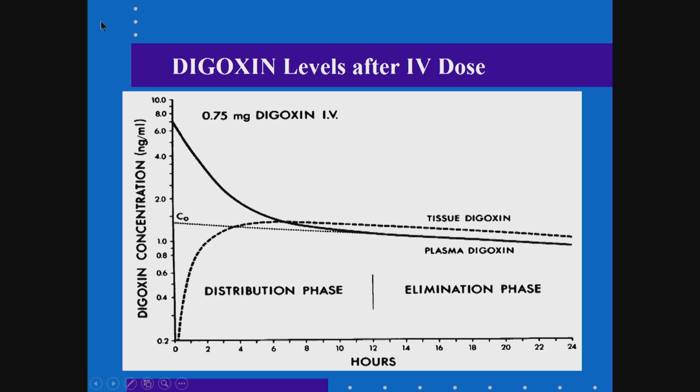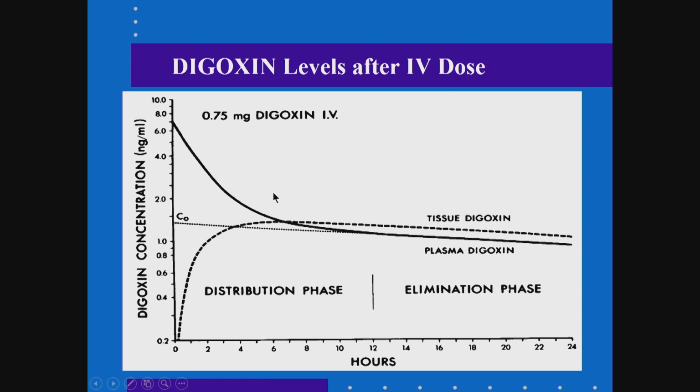Here we're plotting the concentrations of digoxin in plasma. This is a logarithmic scale versus time in a linear scale. And we're showing the plasma concentration versus time curve for digoxin after intravenous administration of 3/4 of a milligram. Single dose.